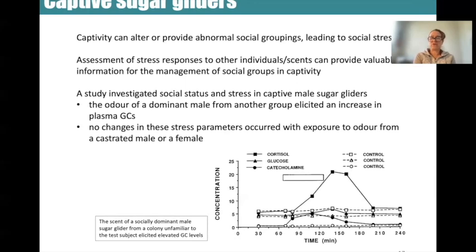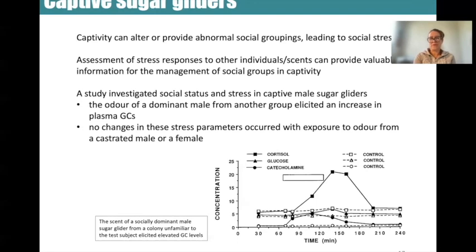So it seemed that the scent of a socially dominant male sugar glider from an unfamiliar colony did elicit a stress response, but this was only for dominant males and not for castrated males or for females, which isn't that surprising because sugar glider groups tend to have one dominant male.